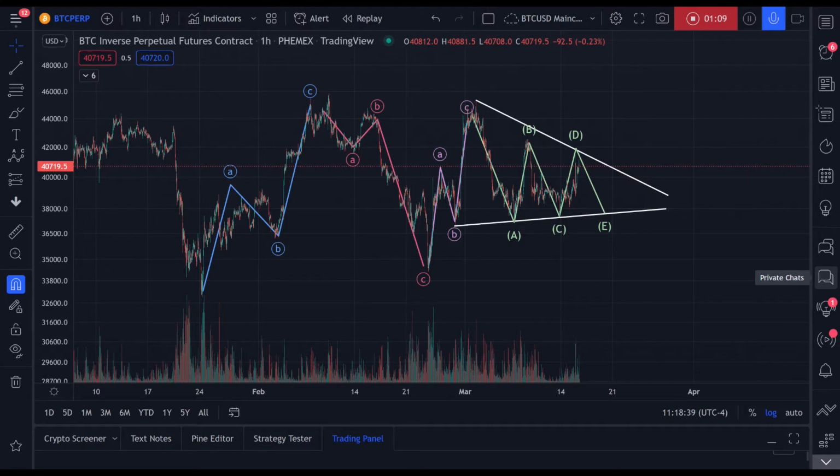And that's essentially, if you will, a complex correction of the 333 variety, okay? If you're really into Elliott wave theory, it's a 333 correction. Maybe it's close to a 333 correction, okay?